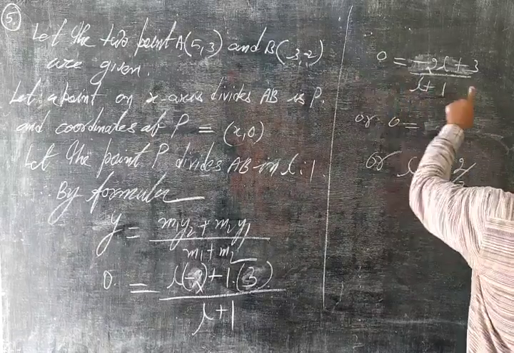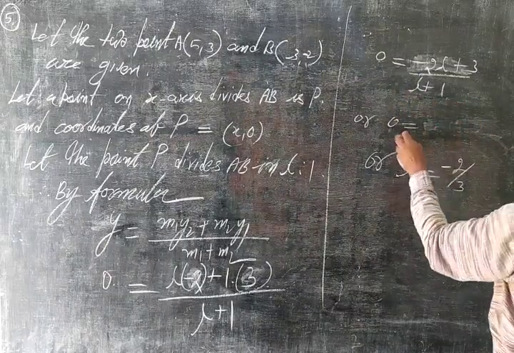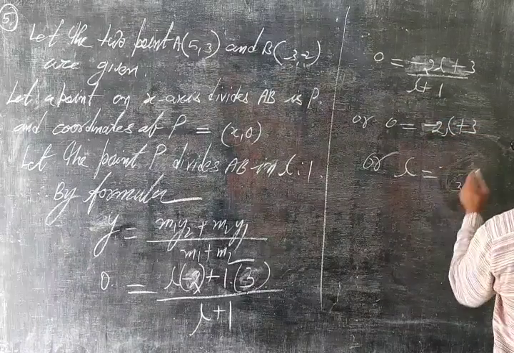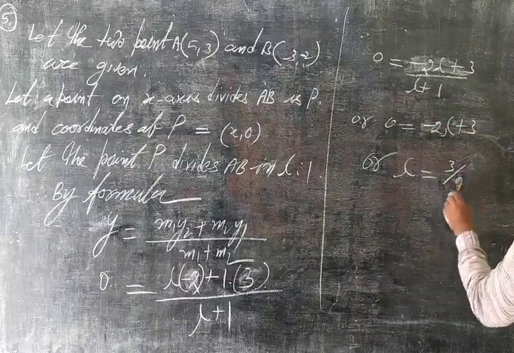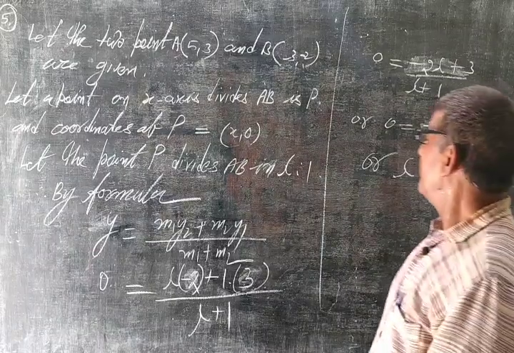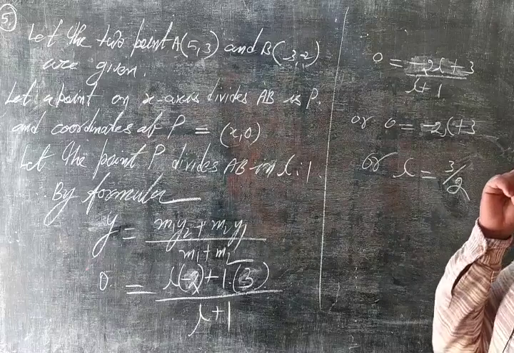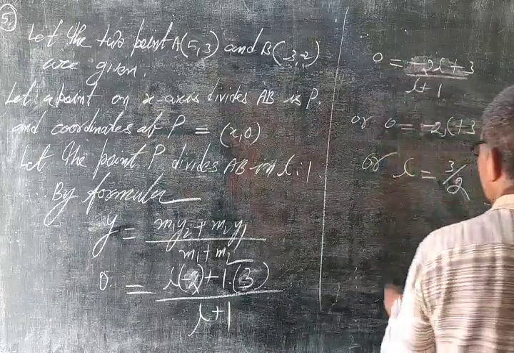By multiplying both sides by lambda plus 1 we have 0 equal to minus 2 lambda plus 3, and lambda equal to 3 upon 2. This comes to the other side and becomes positive, and upon 2, so it is 3 upon 2.